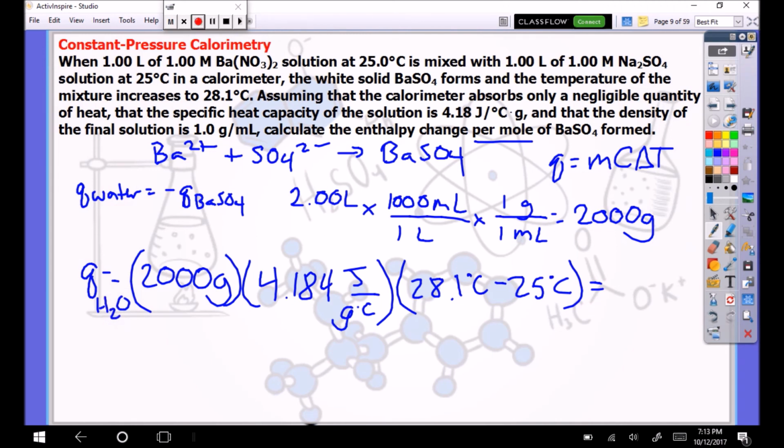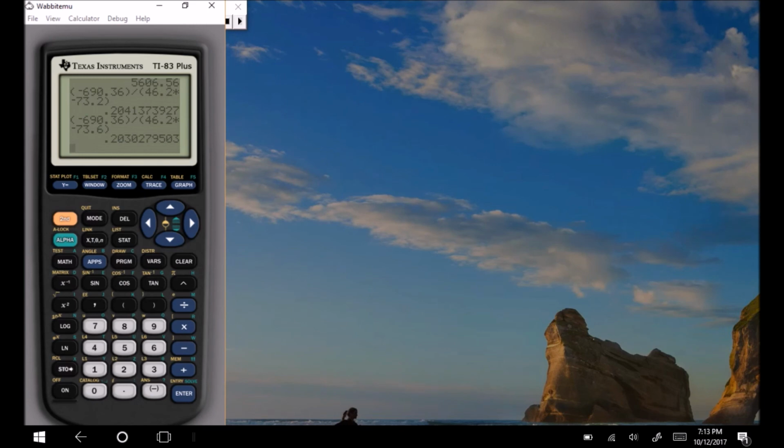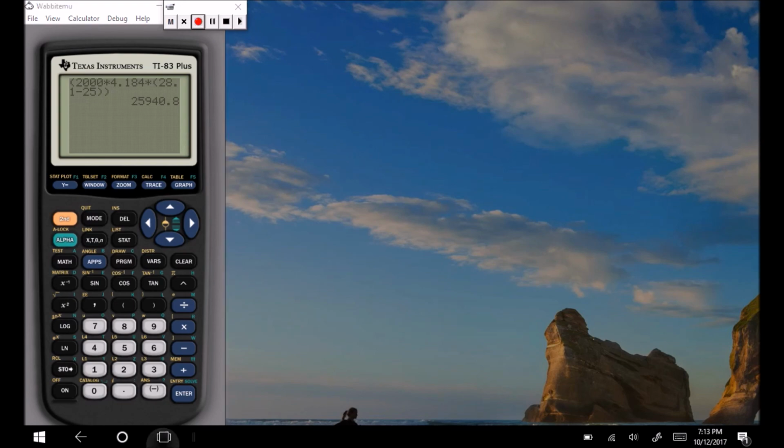So if we figure this out, we've got 2,000 times 4.184 times, what was it, 28.1 minus 25, which should be 3.1. And when we do, we get this nice big number, 25940.8.